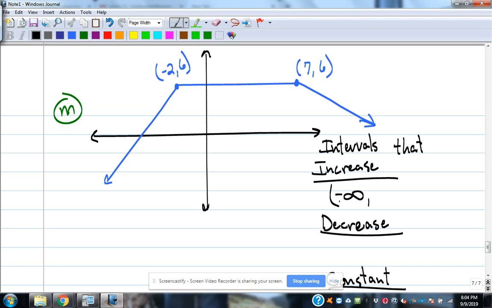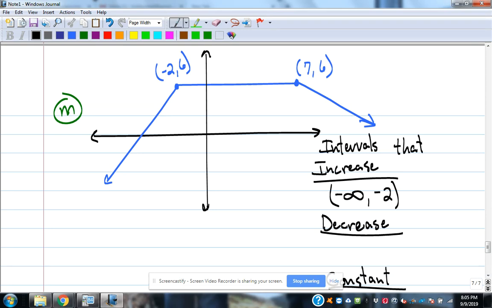Where does it stop increasing at? At that ordered pair up there, at -2 is the x value. When we're doing intervals of increase, decrease, or constants, we're looking at X values. The Y values tell you up and down, but the X values are where you're at on the graph. So our intervals are going to be X value intervals.